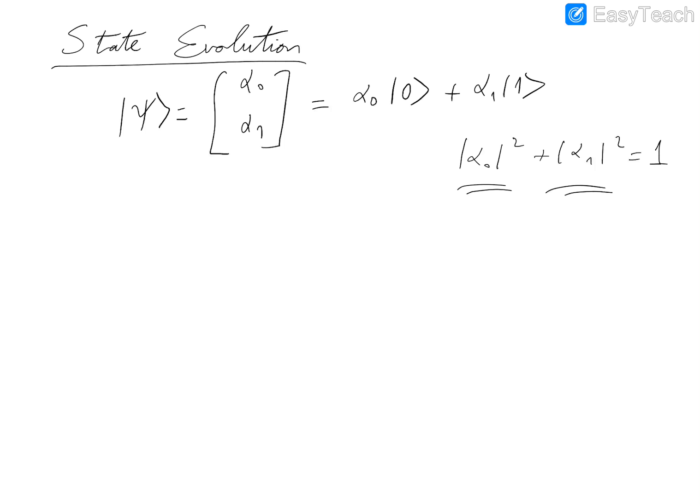Okay, so we want all transformations to be unitary in quantum computing. The first reason is that it turns out that unitary transformations are reversible. Now, remember that a matrix U is unitary if U times the adjoint of U equals the adjoint of U times U equals the identity matrix.